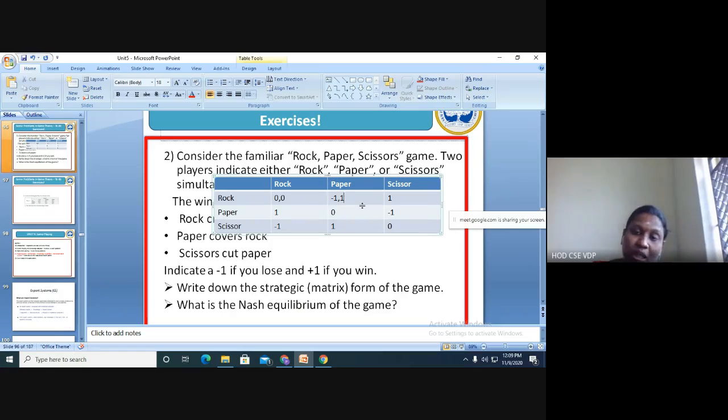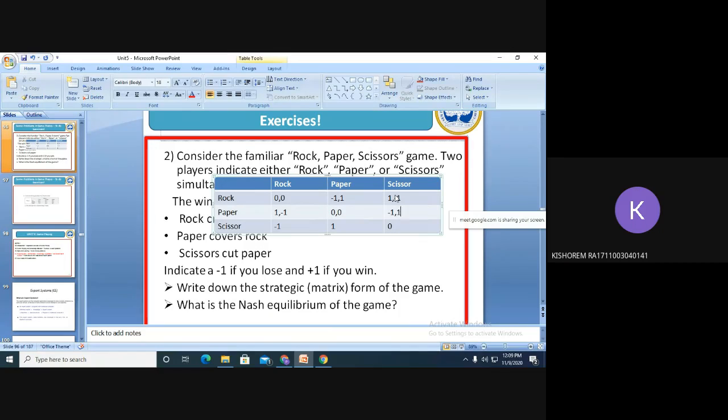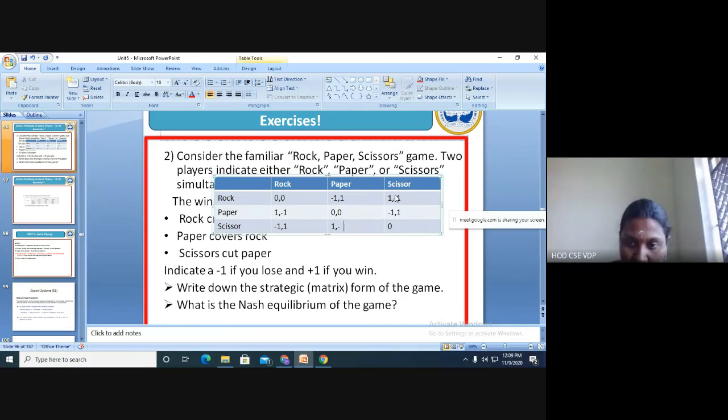You have to find the Nash equilibrium. So in that case you have to compare player A with player B. Here it is 1 and it's a loss for scissor. So we'll put it this way: 1 and -1, 0 and 0. It's going to be a profit of 1 for scissor.